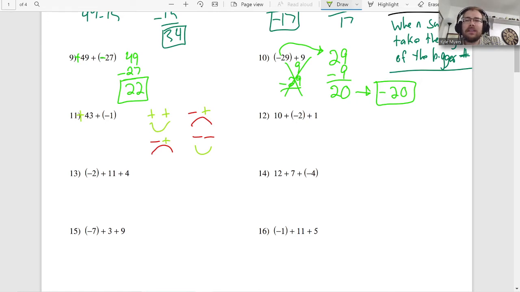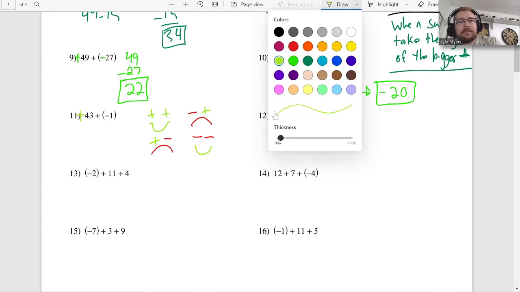Plus signs and happy faces are green. So if I have a plus minus, I'm going to be subtracting. Ooh, you know what? I just realized I put the minus and the plus in the same order. Silly me. Hold on. Let me fix that real quick. This would be plus minus. That's better. Okay. So we can use the smiley faces to our advantage.